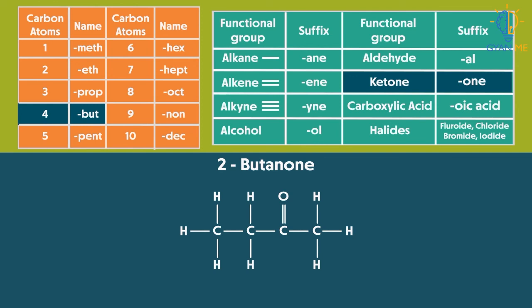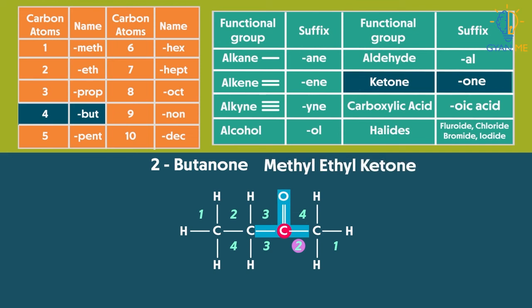Now, this is because the ketonic group is present on the second carbon in the chain. Can you think of another name for it? Yes, it is methyl ethyl ketone. Yes, that's right. Here, as you see, the ketone group is flanked by 2 alkyl groups on either side. One is with 1 carbon called methyl and the other is with 2 carbons called ethyl.